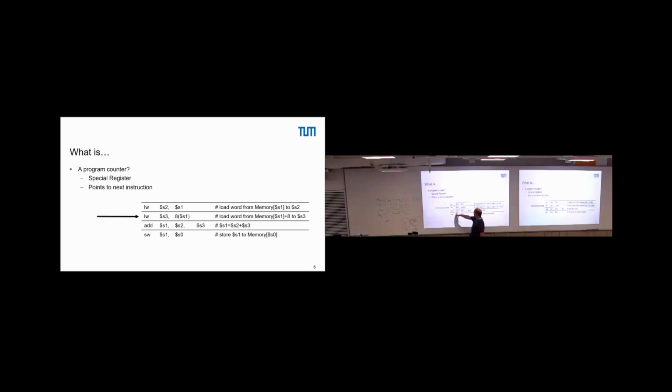And then in the next line you have an addition. You add S2 and S3, the right side, and write the result into another register S1. And the next one, you store this S1 back to the memory, and where do you want to store it?